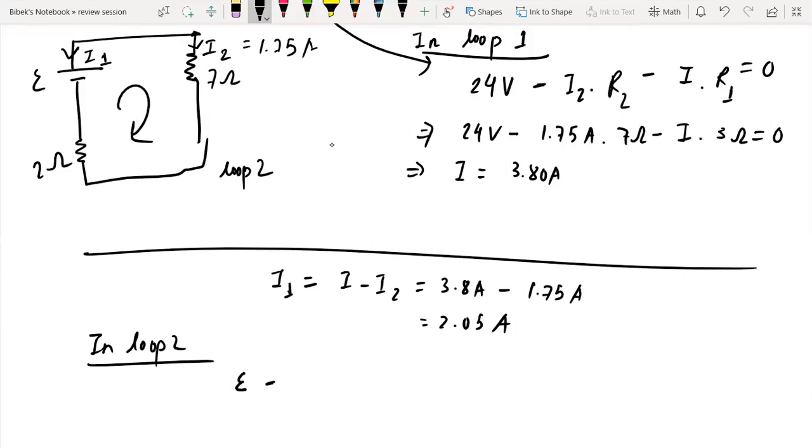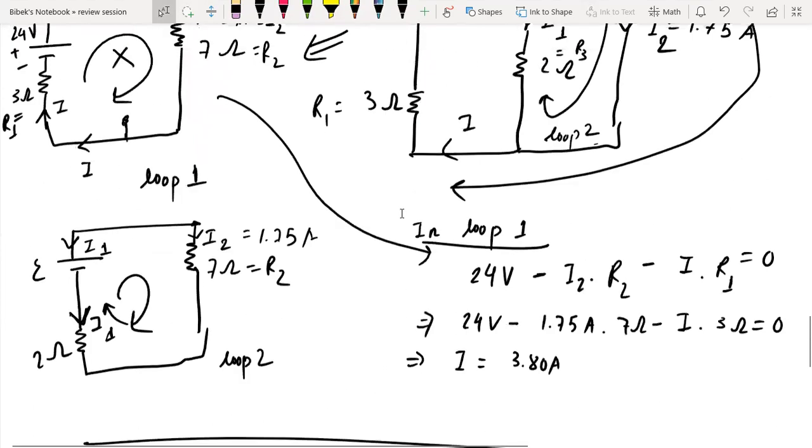So it will be negative I2 times R2. This is R2. And minus or plus. Okay, here I1 is in this direction, right? I1 is flowing, and your loop is going in another direction, in this direction. So current is flowing in opposite direction. So you need to take it positive. So that is I1 times R1.